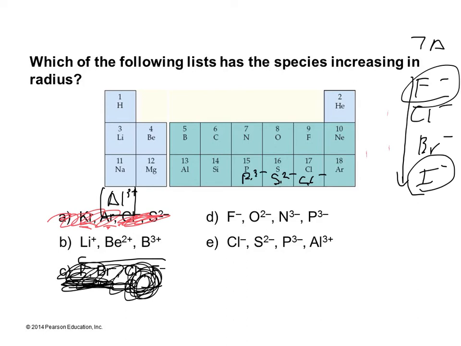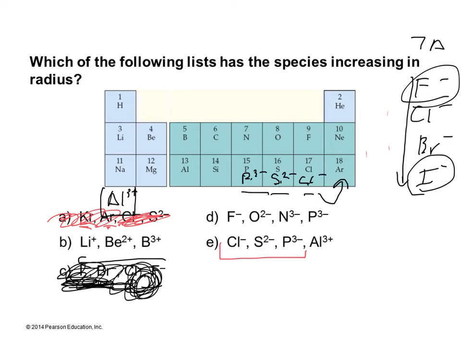All right, quick observation. Phosphide, sulfide, and chloride all have the exact same electron configuration as argon. Right? Phosphorus gaining 3 electrons, 1, 2, 3. Sulfur gaining 2 electrons, 1, 2. Chlorine gaining 1 electron, 1. So these guys are isoelectronic to each other.